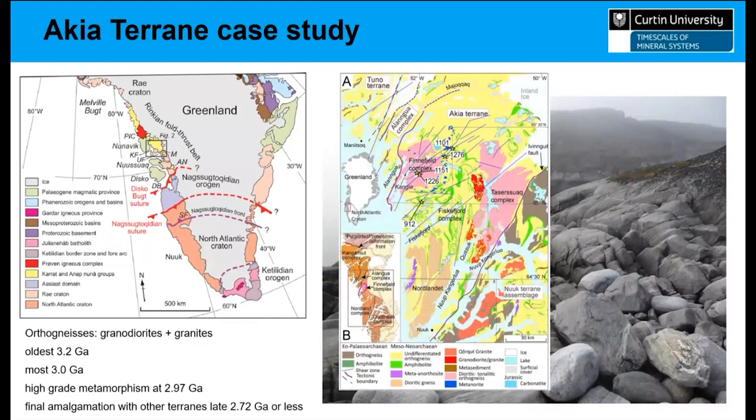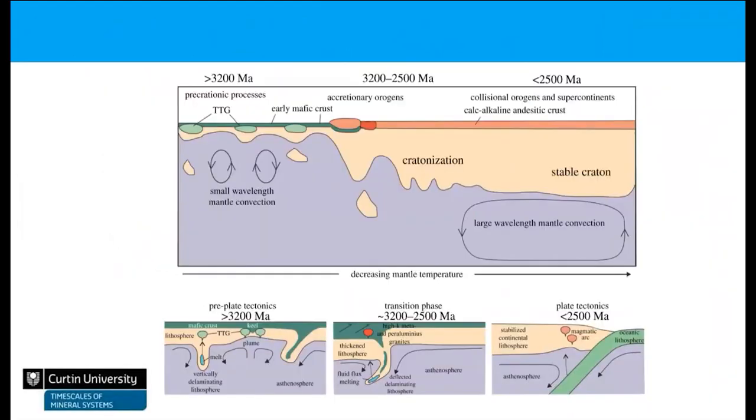Again, we're going to go to a similar area in Greenland, on the west coast of Greenland. We're going to go to the Archean terrain. And the reason this area is interesting is it's been proposed as good evidence of, or to retain evidence of, early Earth horizontal processes. So in other words, subduction style processes on the early Earth.